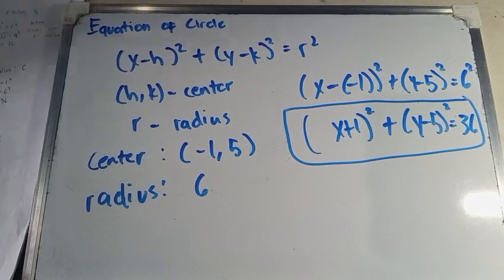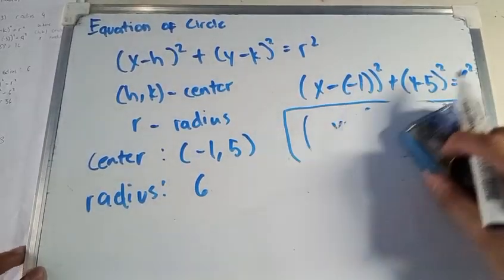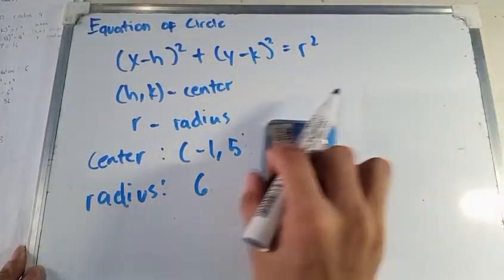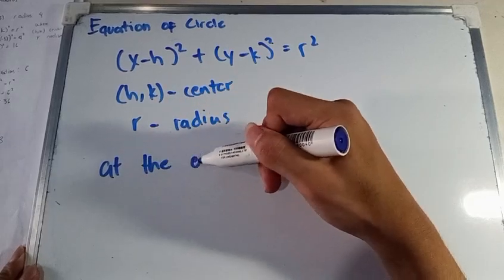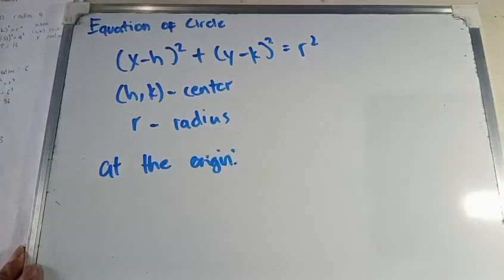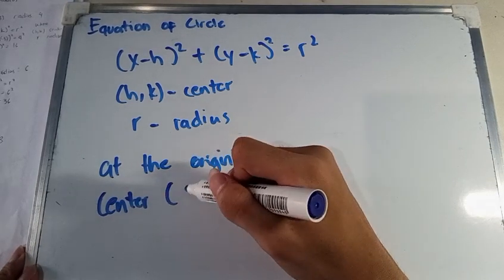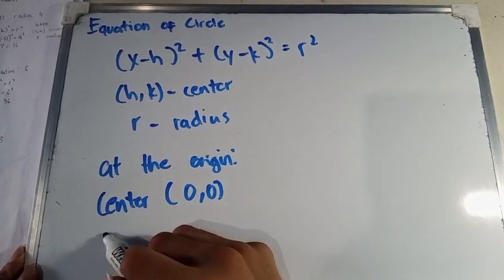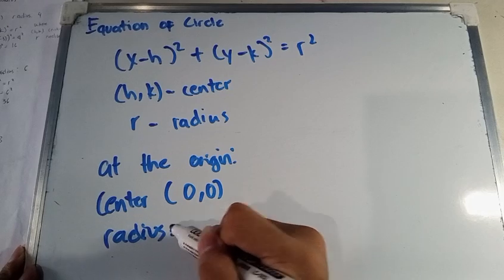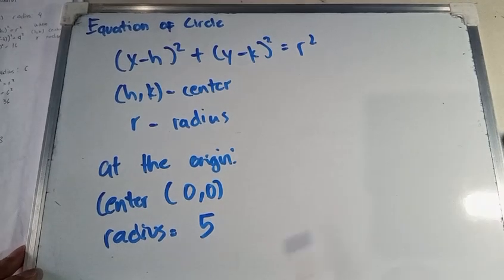But what if we have a circle with its center at the origin? Given that it's at the origin, its center is at the coordinate (0, 0). Let's say that the radius of this circle is 5. How do we find the equation or the standard form of this circle?